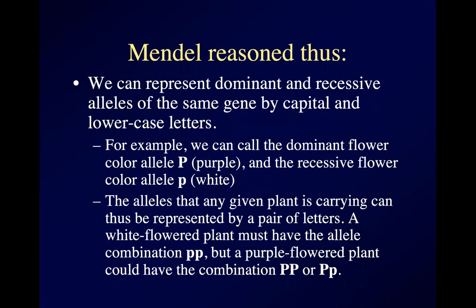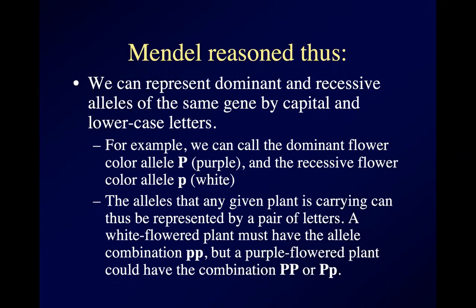And the convention that we use is we can represent dominant and recessive alleles of the same gene by capital and lowercase forms of the same letter. So you can call the dominant flower color allele capital P, standing for the purple allele of the flower color gene.